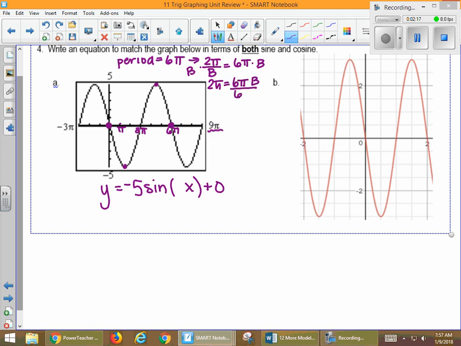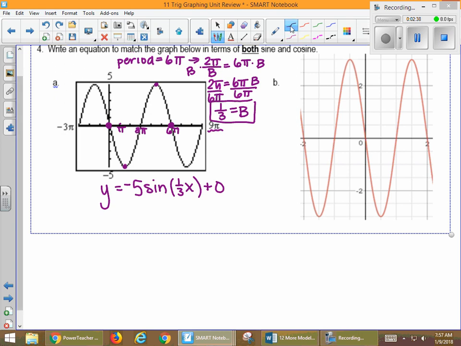Divide by 6 pi. I'm sure some of you just saw this in your head already, but that's fine. The pi's cancel. 2 over 6 is 1/3. So our b is 1/3. Again, the math with this is really simple. It's knowing what to do with it.